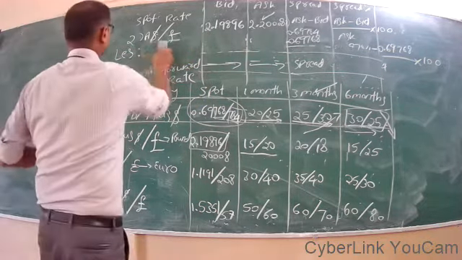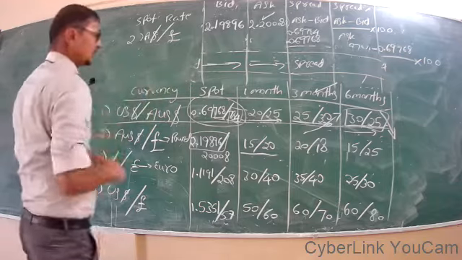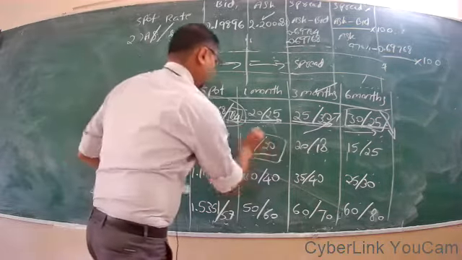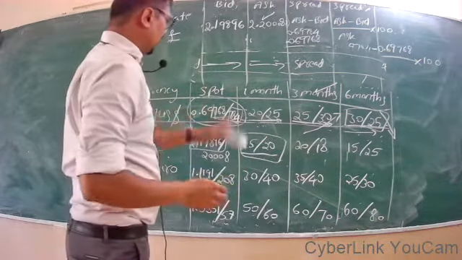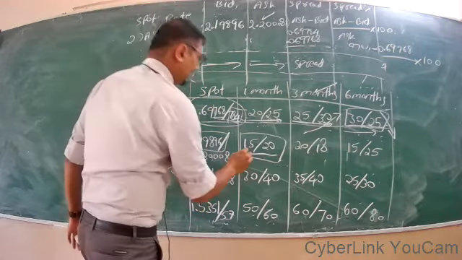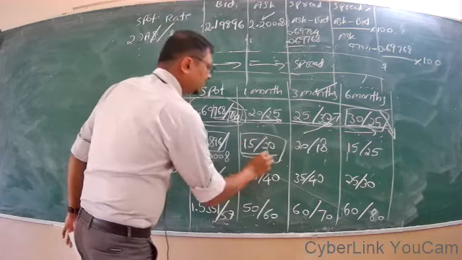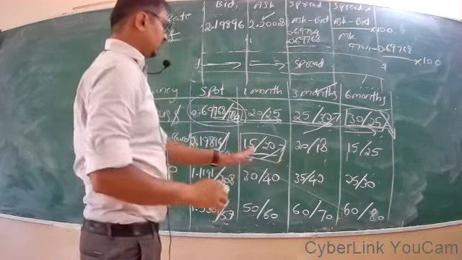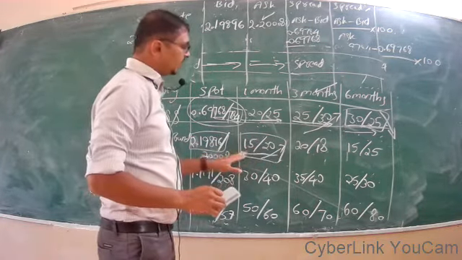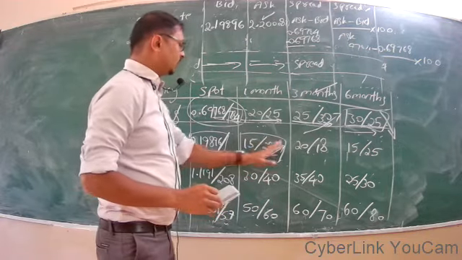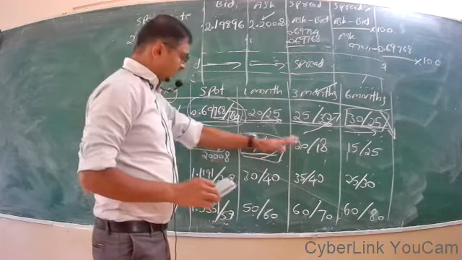So check this. The 1 month swap point or forward point is 15/20. That means this is in increasing order. 15 is lower than 20. While reading from left to right, 15/20, that is increasing.